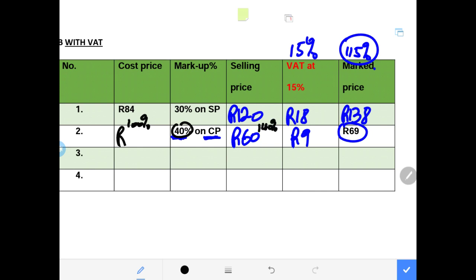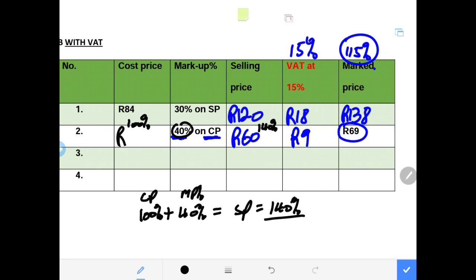This selling price of 60 Rand is out of 140 because we said cost price of 100 plus markup percentage of 40%. It will give us a selling price, and our selling price is equal to 140 in terms of percentage. So we know that this 60 Rand is out of 140. Why are we saying cost price is out of 100? Because markup percentage is on cost price.